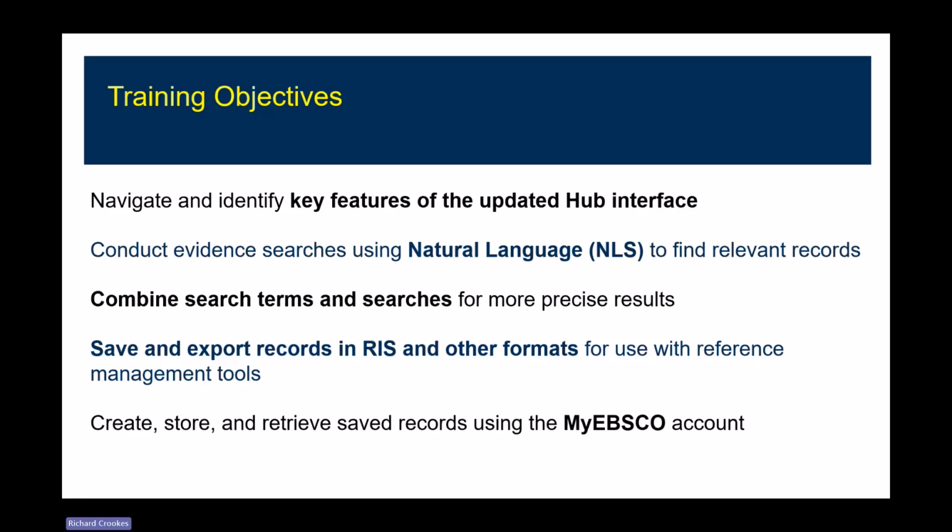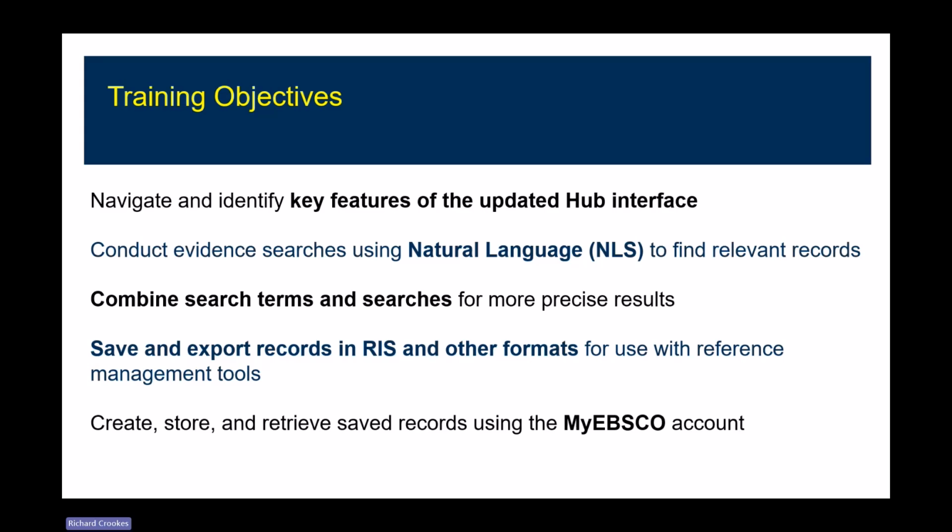I'm not going to do any real in-depth searching today. It's really to highlight the key features and elements of the hub, which we know at EBSCO as the EBSCO Discovery Service, of course, and also save and export results in RIS and other formats for use with reference management tools, and also create, store, and retrieve saved records using the MyEBSCO account.